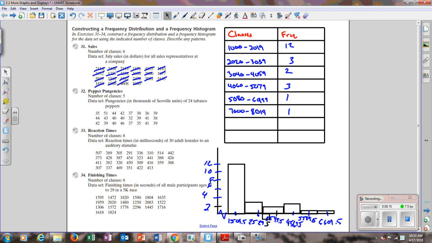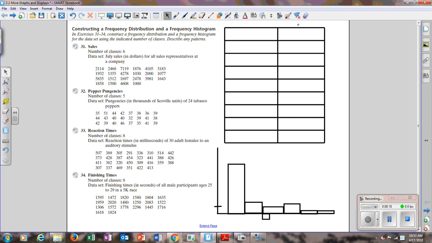All right, number 32. Number of classes is 5. We're going to take our lowest number. I don't know why I can't list them out in order from lowest to highest. But our lowest number is 32. And our highest number is 46. So you do 46 minus 32. Then divide that by your number of classes, which is 5. You get 2.8.